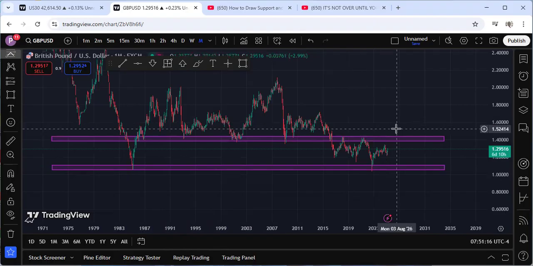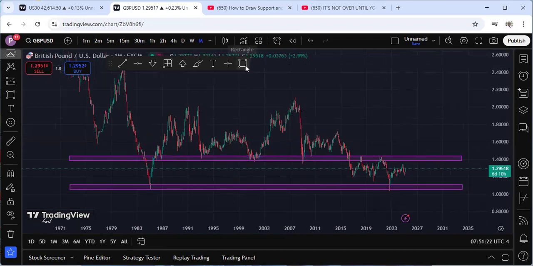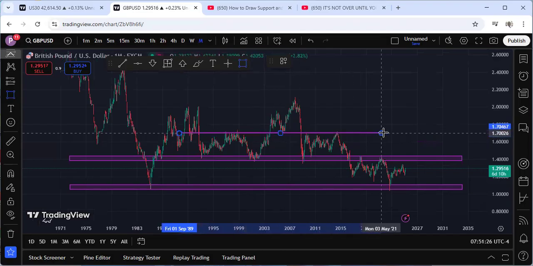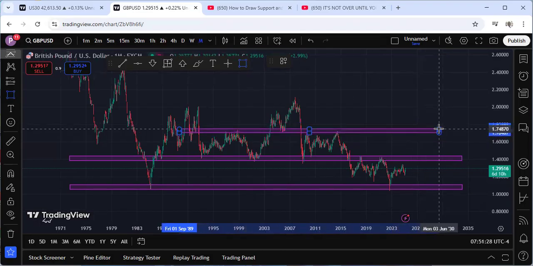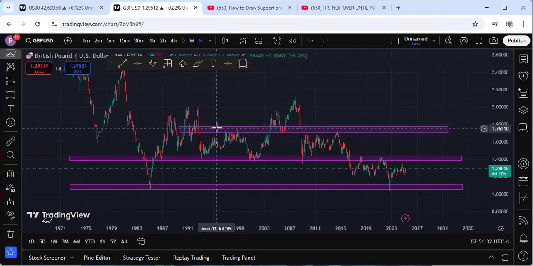These are major key levels. You are seeing them on the monthly time frame. So let's see the next key levels. This is a key level. All right, this is a key level.